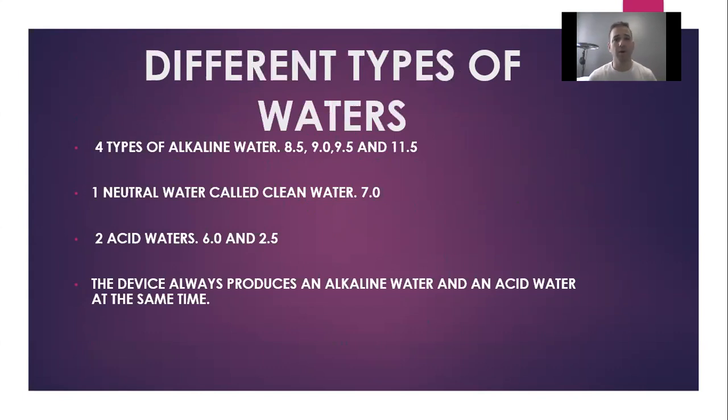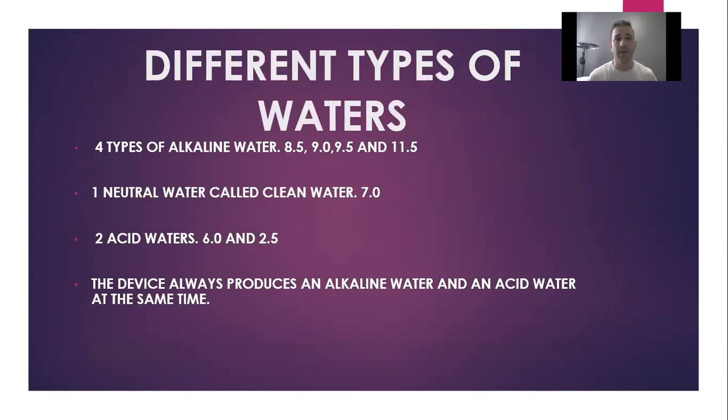So when the water is flowing through the device and is flowing through the electrolysis chamber, the water is being split. So whenever you make an alkaline water, you always make an acidic water at the same time. And one more tip, if the pH scale is out of 14, so we're going to get into that in a later module, but when you split the waters, the acid and alkaline waters will always equal 14.